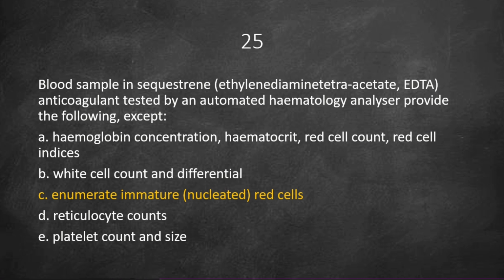Full blood count does not actually show those things. You need a special test or a manual review of a smear to typically identify some of these nucleated red cells. Then of course option D, reticulocytes. Yes, modern automated analyzers can actually supply the reticulocyte count. Then option E, it says the platelet count and size. Every full blood count machine will be able to do that for you.